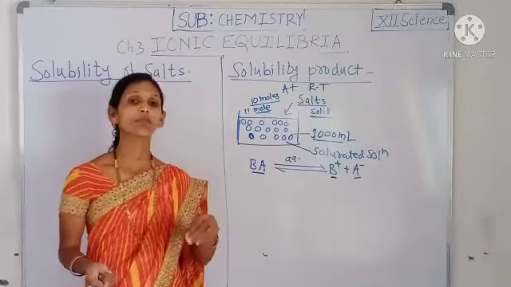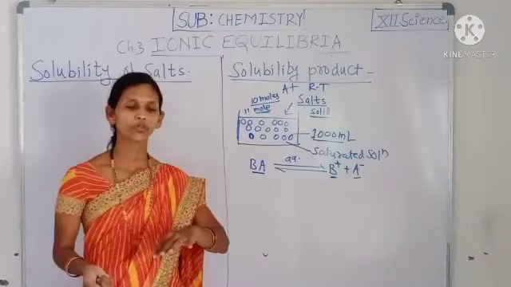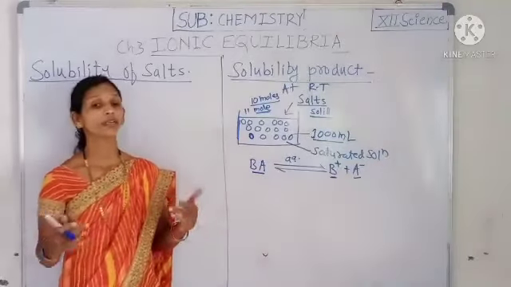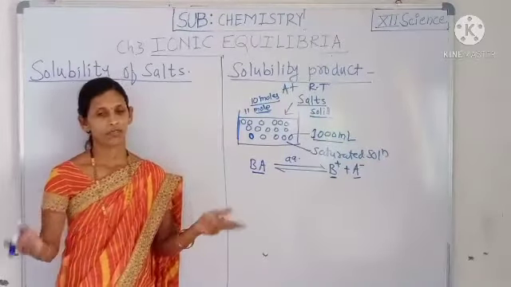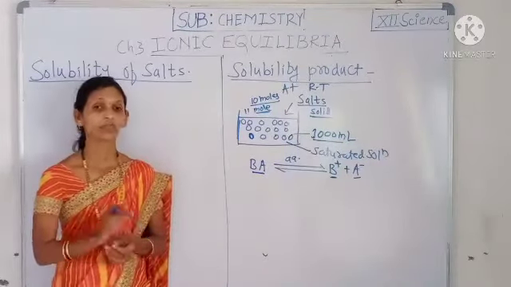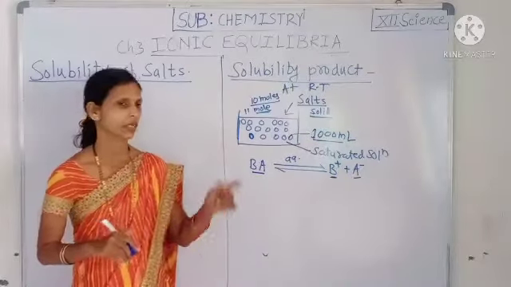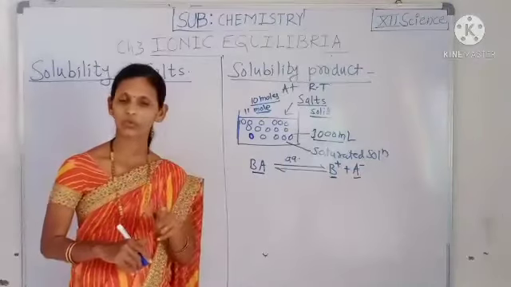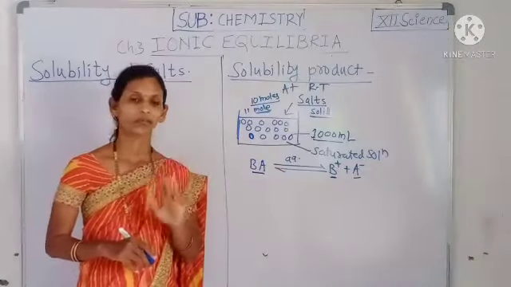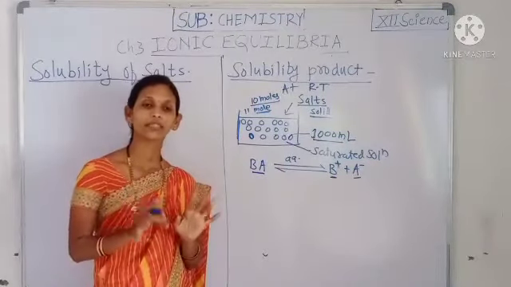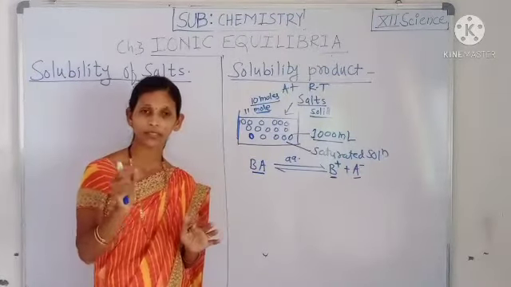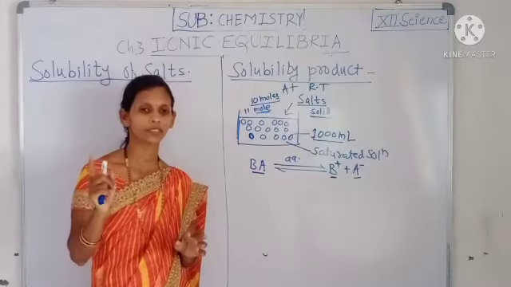The same number of salt molecules and sugar molecules do not dissolve in the given amount of water. Therefore, the one concept you have to concentrate on is that different substances, different salts, have different solubilities.